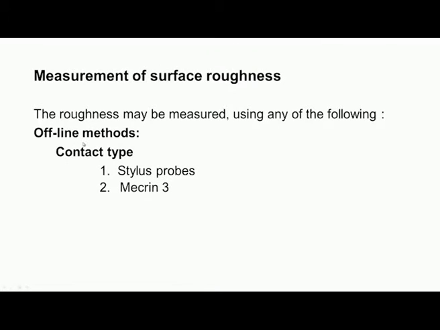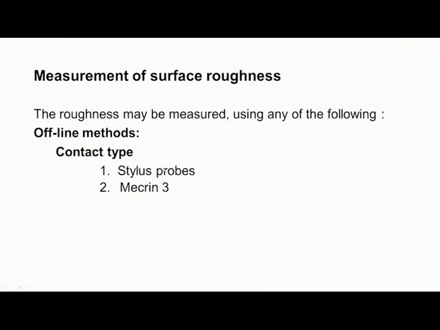So, we can measure the surface roughness of the component by the offline method, that is, after the production is over, the part is taken out of the machine tool, de-oiled and deburred, and then kept in proper atmospheric temperature conditions. Then an appropriate instrument is selected and the surface is measured to get the various parameters.